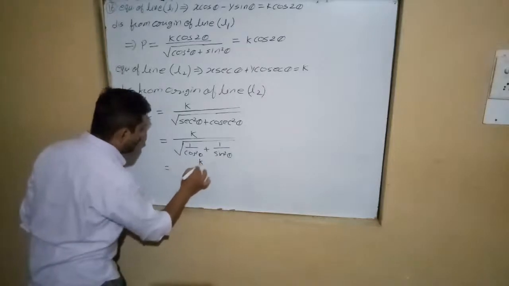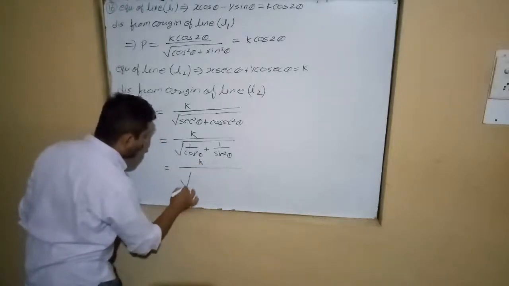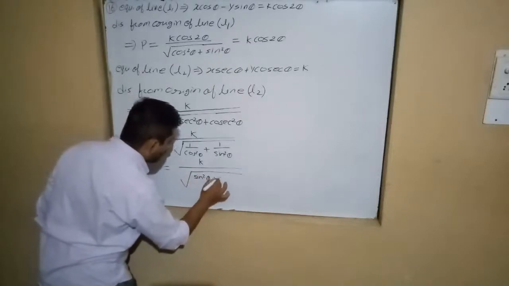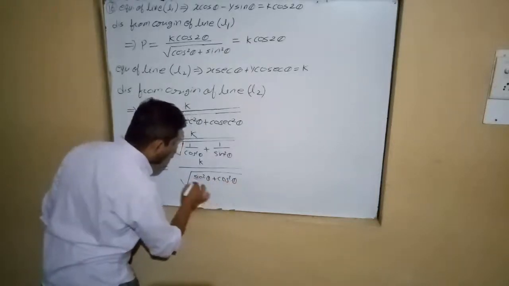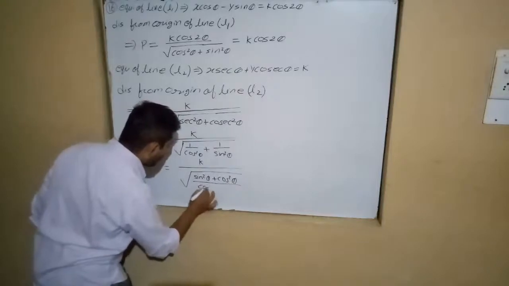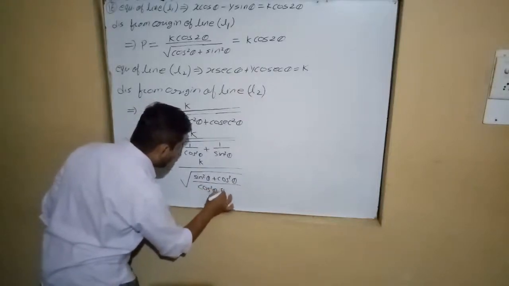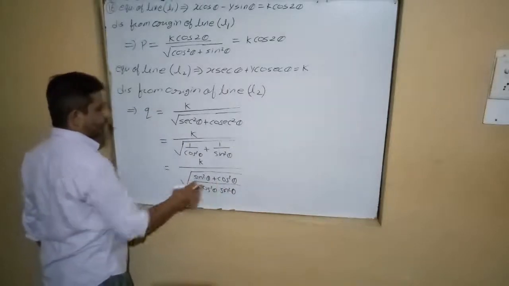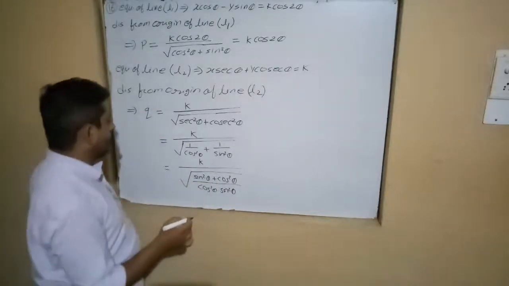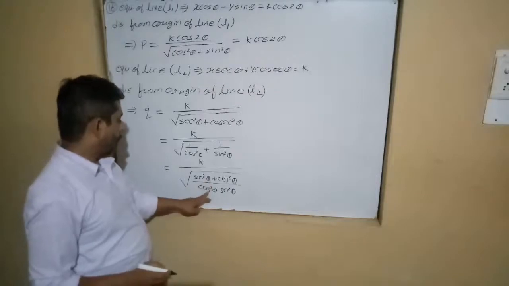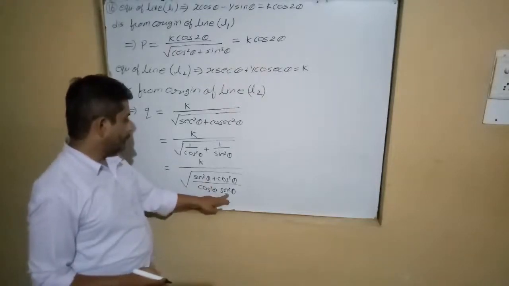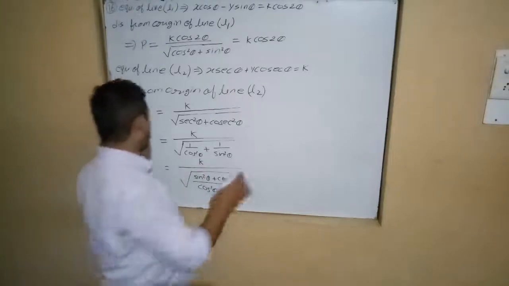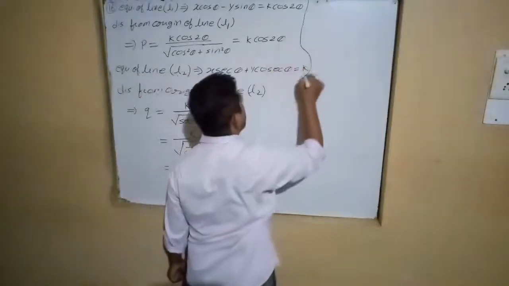Take the LCM: k upon root of sin square theta plus cos square theta upon cos square theta into sin square theta. The value of sin square theta plus cos square theta is 1, and 1 upon cos square theta sin square theta, the square cuts from the square root, and this is reciprocal. So we will get what?